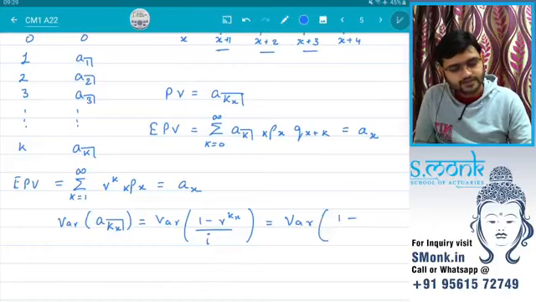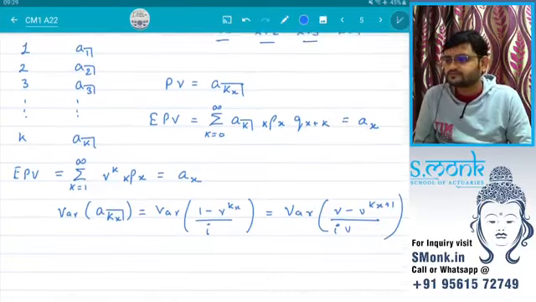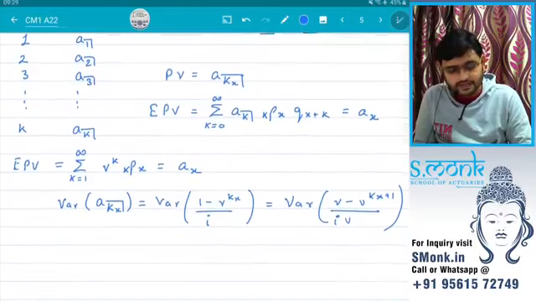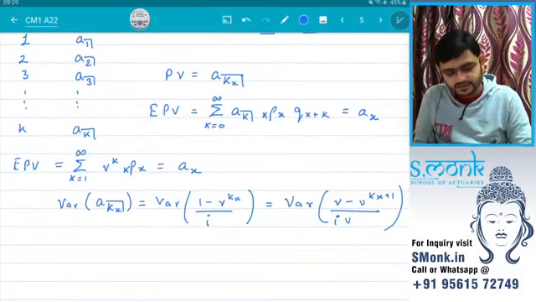We'll have 1 minus, so actually V minus V raised to kx plus 1 upon d. Since d is nothing but delta, I'm using the word delta, it is d, right?